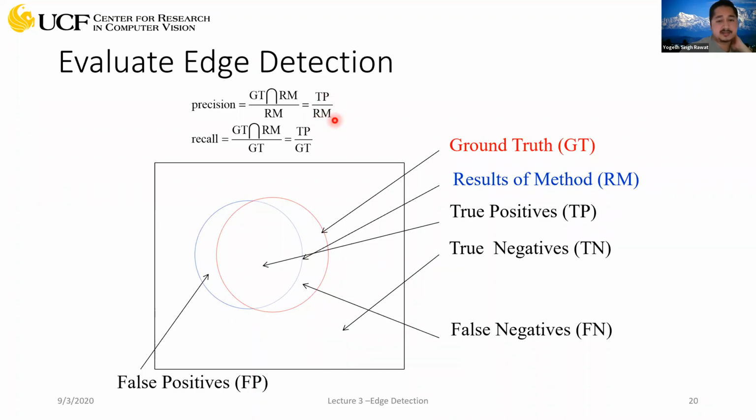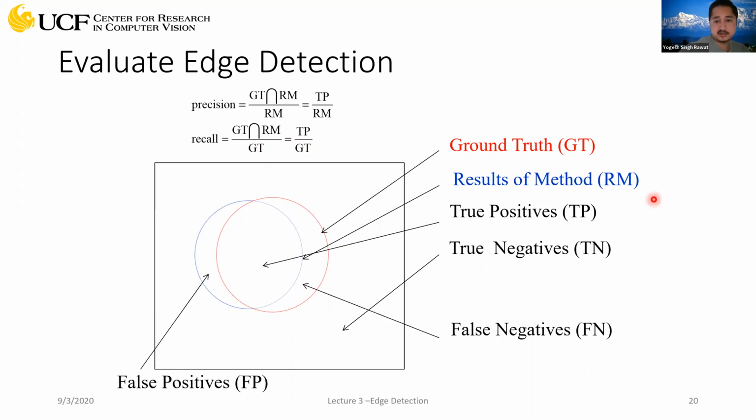So it's the portion of your detections which are correct. That's called precision. And recall is how many of the total true edges you predicted.